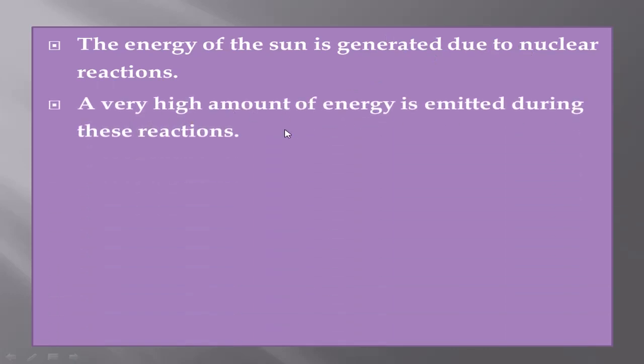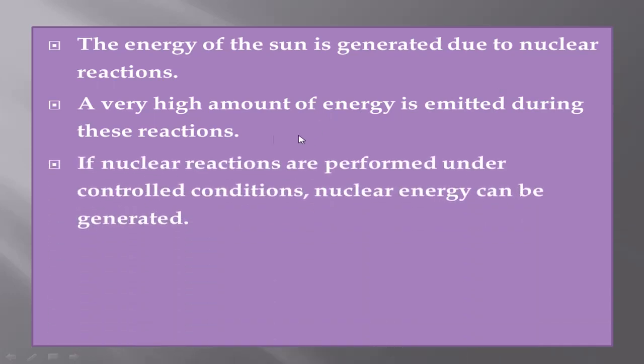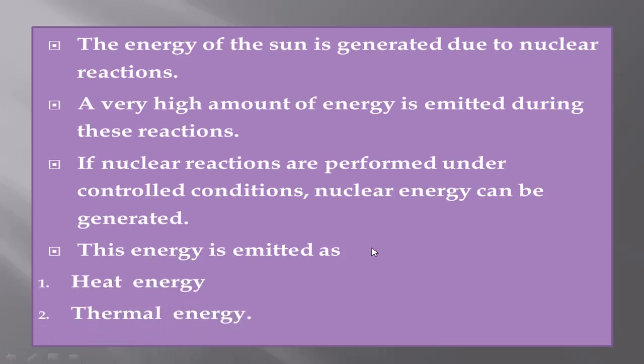A very high amount of energy is emitted during this reaction. And also, if nuclear reactions are performed under controlled conditions, nuclear energy can be generated. This energy is emitted as heat energy and thermal energy.